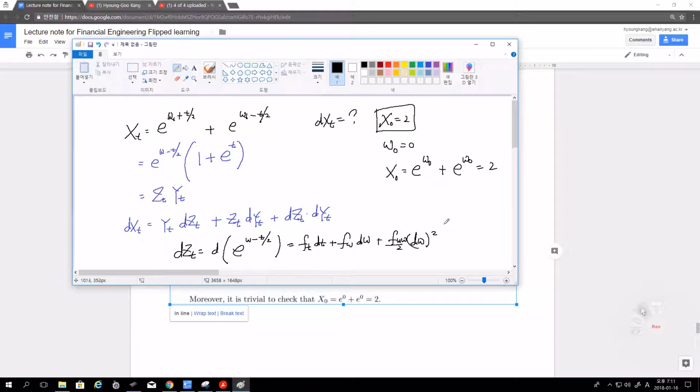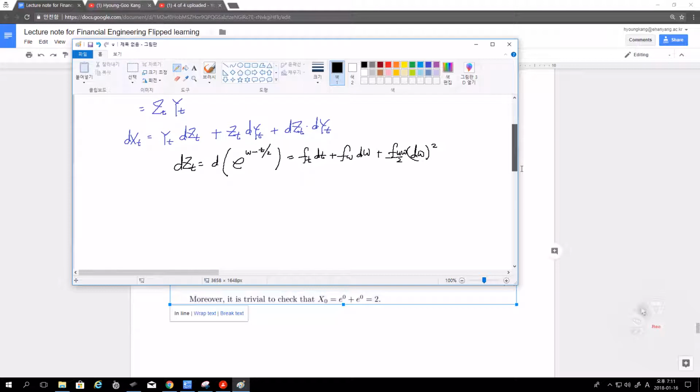We have to do so. And then if we take the derivative with respect to t, then what do we have? Well, we have minus half of t, half, and then, well, this is exactly the same, so dt dt, right?